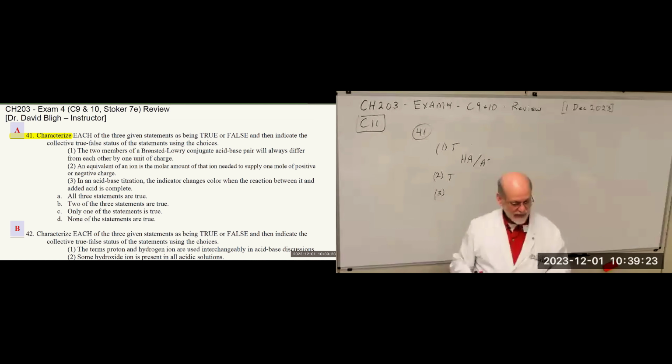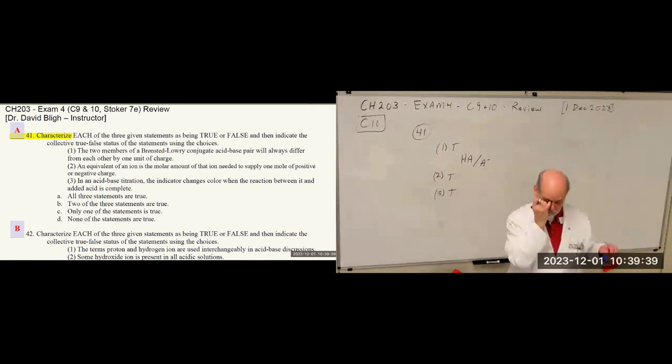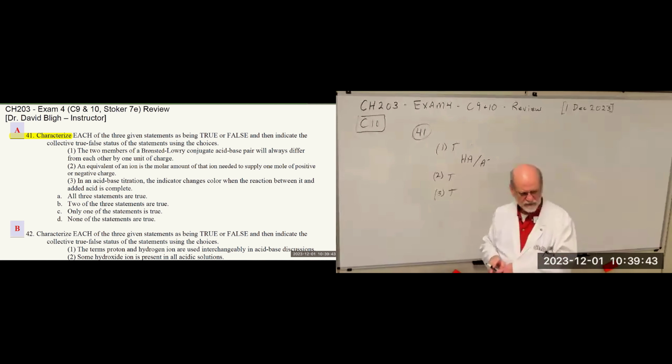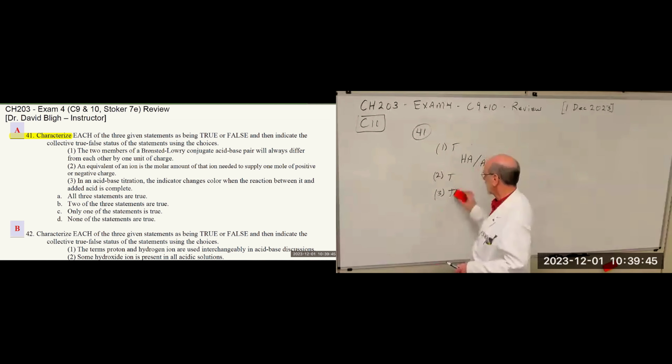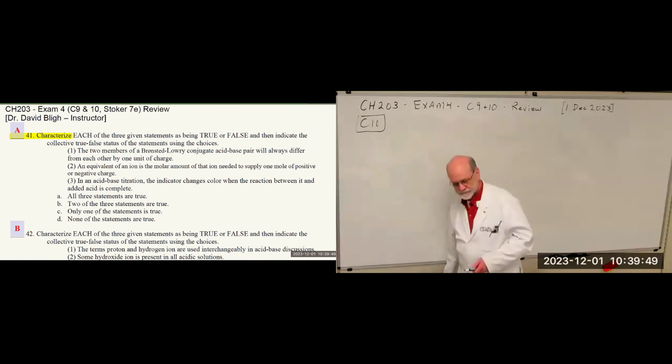So ideally, the indicator would change color when the major reaction is also complete. So I would be willing to call that one true also. I think I would have worded it differently though. All right, so all three of those I would consider true.